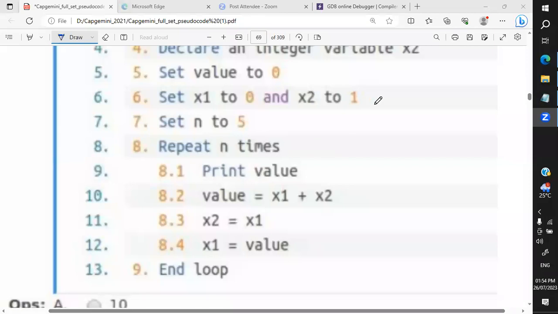I got very few responses, boys and girls. Only two, three people responded. Others got the answer or not? Fibonacci series.